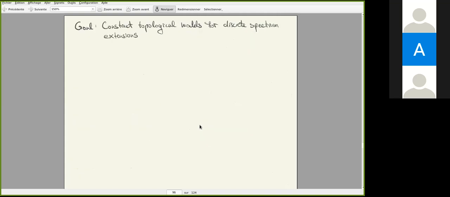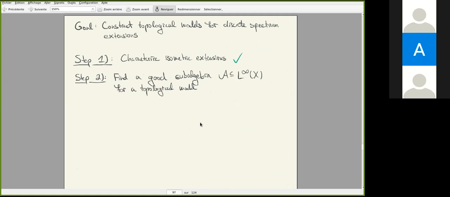Okay. So finally, our goal was to construct topological models for discrete spectrum extensions. And I claim that now we can do it. So step 1, characterize isometric extensions. We have done this. Step 2, find a good subalgebra for a topological model.